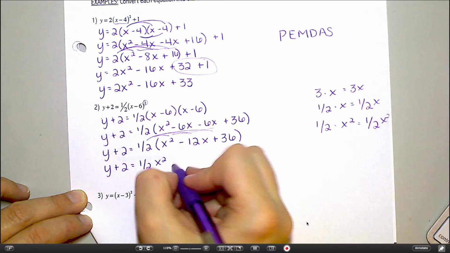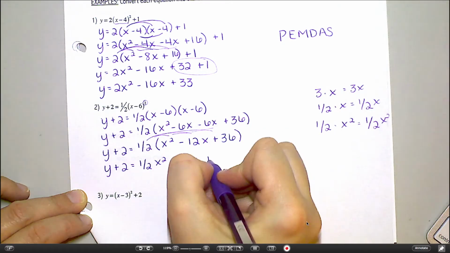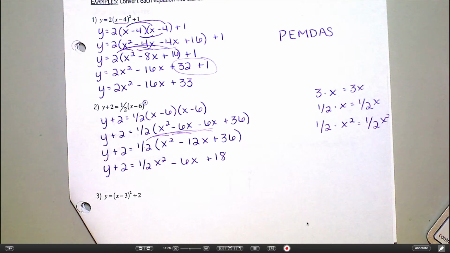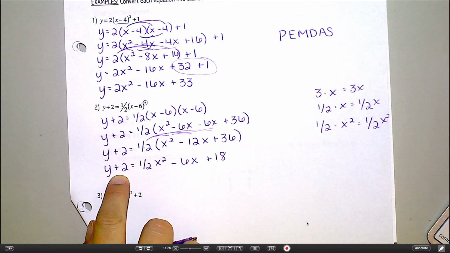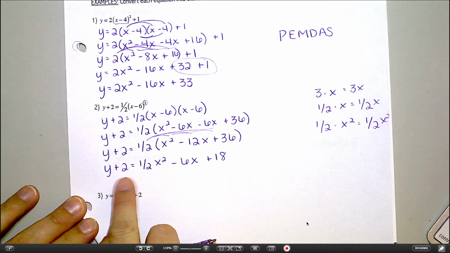1/2 times 12 is 6. 1/2 times 36 is 18. Am I done? What one last number is still out of place? The 2 over here. Yeah, the y is not by itself yet. So back here I didn't have anything with the y. Here I have something with the y.